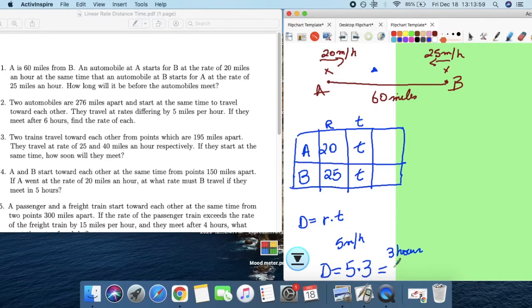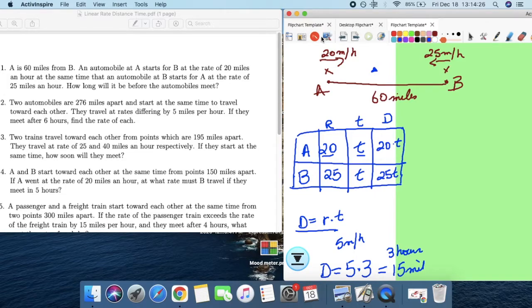We can say that after 3 hours you ran 15 miles. Okay, so that's what this means. So this column is called your distance column. Distance, like I just showed you, is r times t. So let's multiply r times t. So the distance for car A is 20 times t, or 20t. And the distance for car B is 25t.